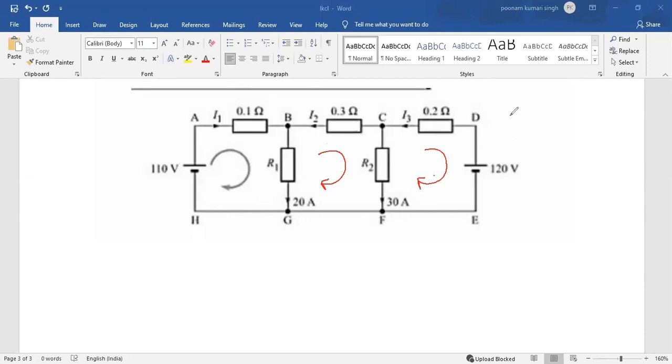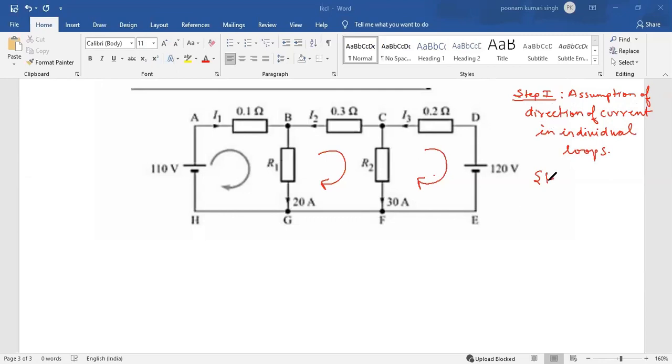Now always remember that step one that we discussed was always related to the assumption of direction of current in individual loops. So this is individual loops we are talking about, and we have assumed the direction.